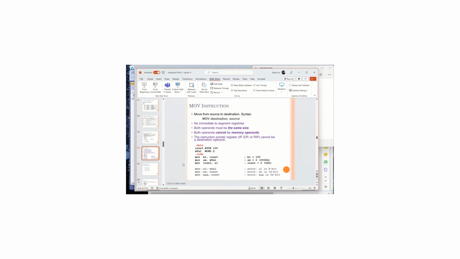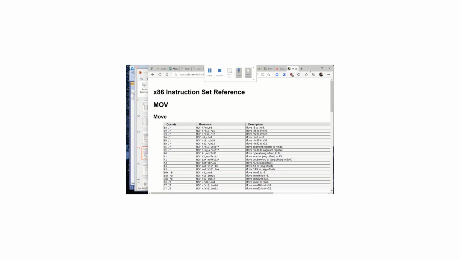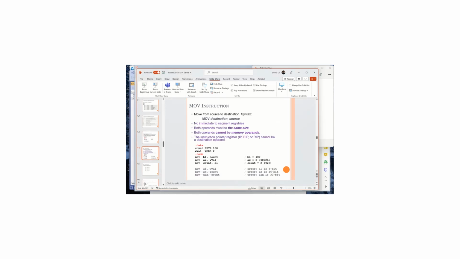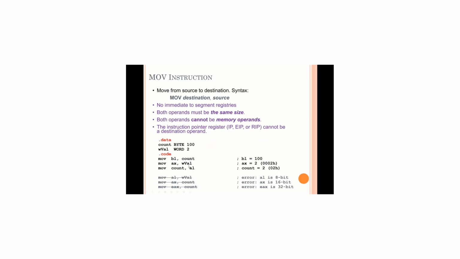Let me draw a picture. I cannot pull up my whiteboard here. Okay, so you're going to see some pictures here, I think, later.